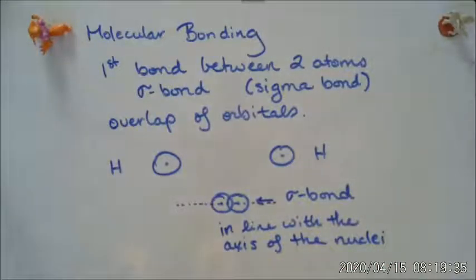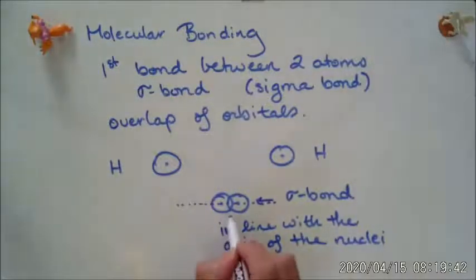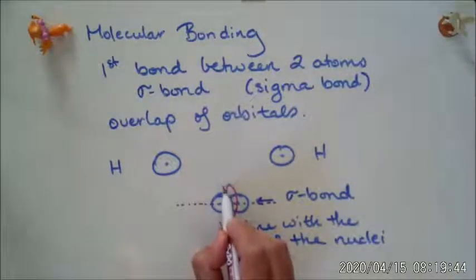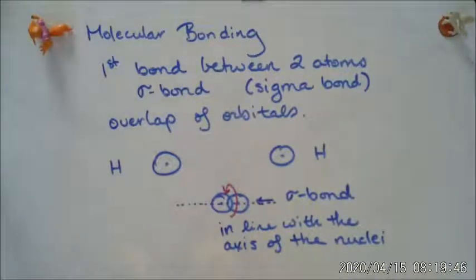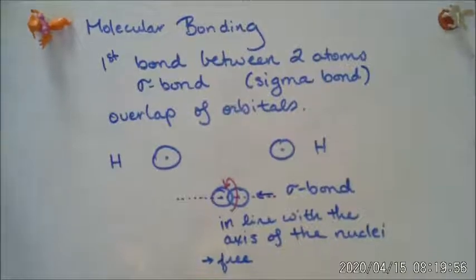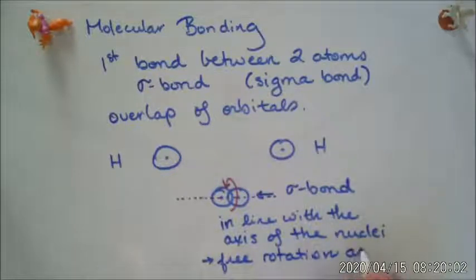Okay, now why is this important? This is important because then I can rotate, I can spin around my sigma bond freely. So this means I get free rotation. In other words, free being not requiring a lot of energy. Free rotation around a sigma bond.